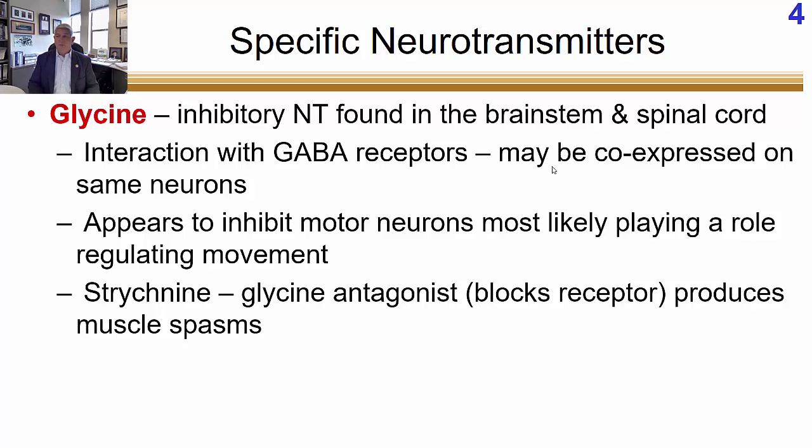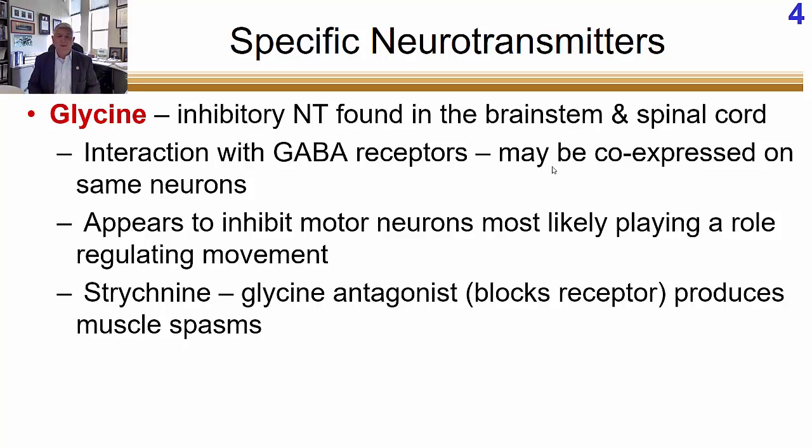And that is why when you have REM sleep, the cranial nerves that control facial and eye movements are above the level of the spinal cord where this glycine inhibition is happening. So you do have movement of the face during that REM sleep period, which is why it's called rapid eye movement.